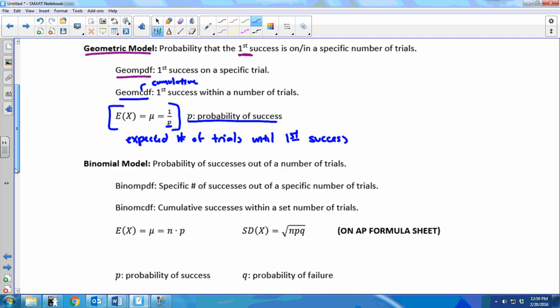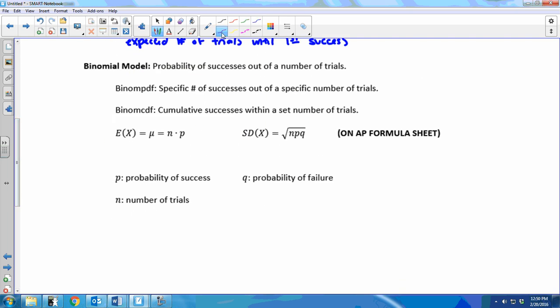The second model is the binomial model. That's the probability of successes out of a specific number of trials. So binom PDF, if I ask you what's the probability that someone makes 5 free throws out of 20, that's the number of successes out of a specific number of trials. That's binomial PDF. They get more complicated when you have CDF.